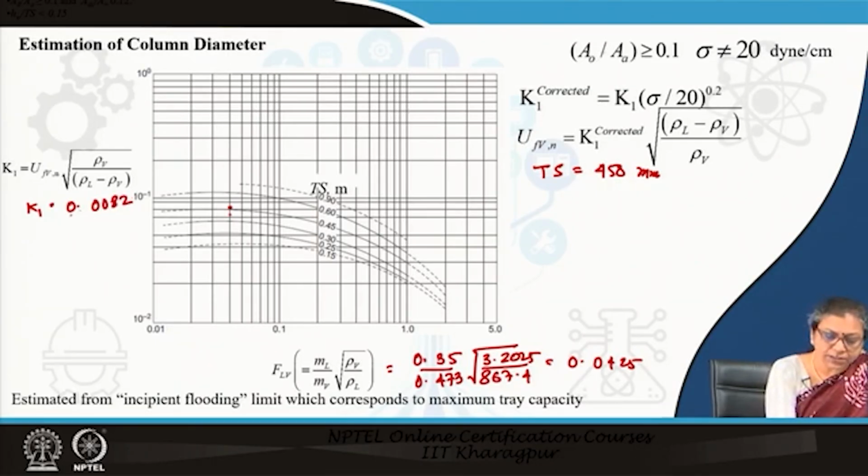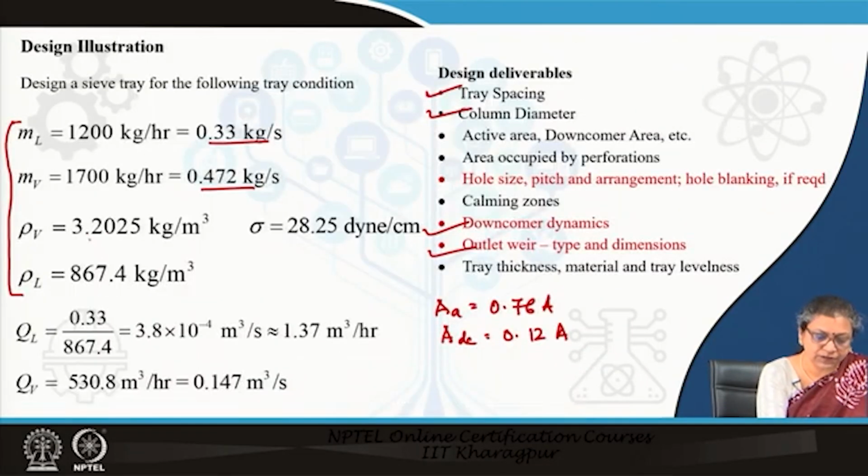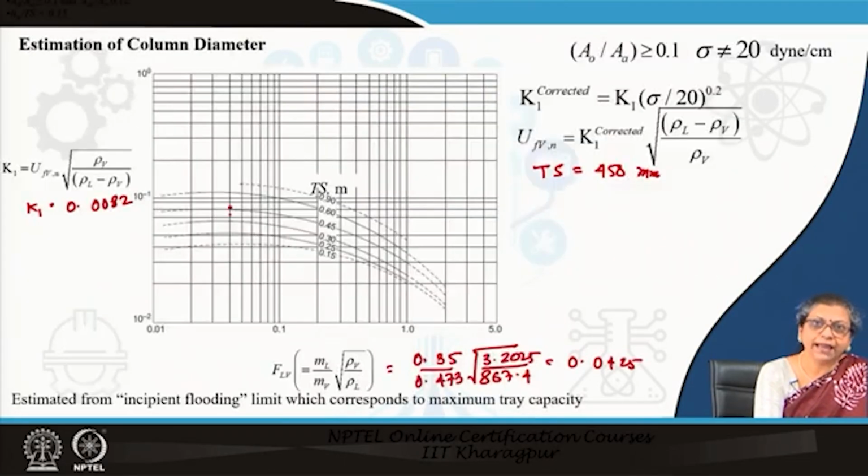Okay. Now, once you have found K1, we can calculate this, but we have to remember our sigma. The sigma was 28.25. I would like to remind you that this whole graph is based on sigma equals 20 dynes per centimeter.